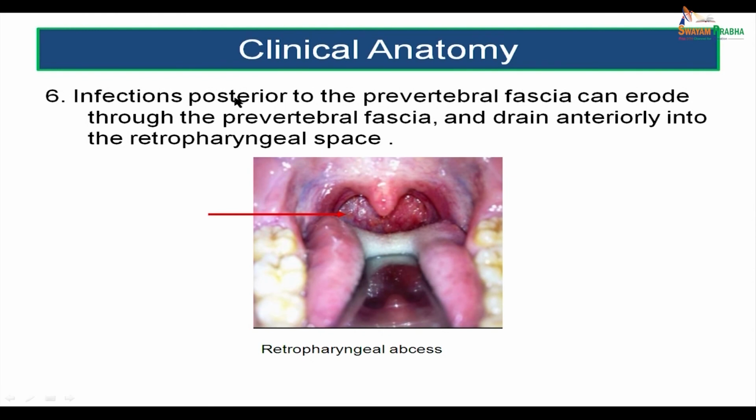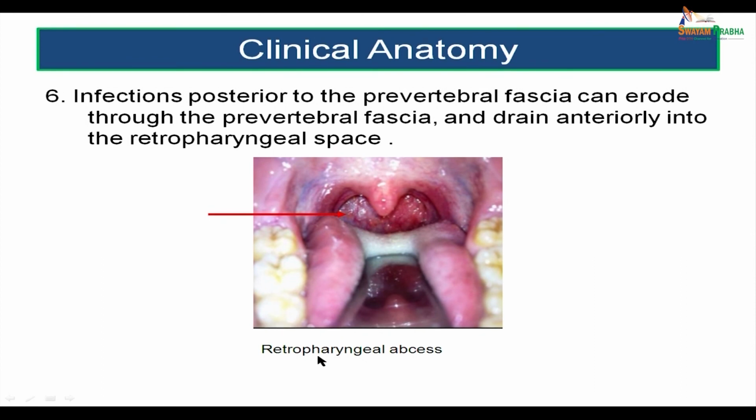Infections posterior to the prevertebral fascia can erode or break through the prevertebral fascia, and they can come anterior into the retropharyngeal space. So, this picture is showing you that the retropharyngeal space is enlarged and there is a collection of pus.